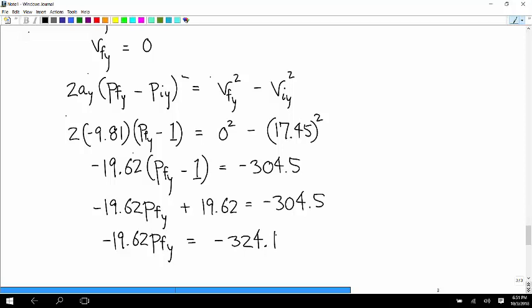Random significant figures, just like I like it. And then divide both sides by negative 19.62. And what do you get for that? 16.5.